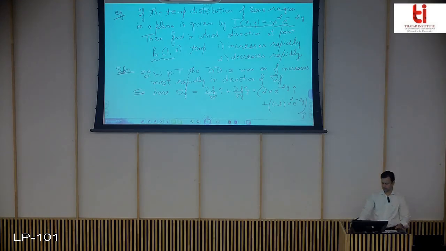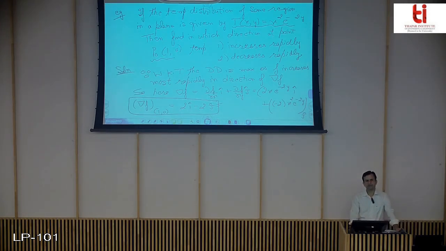This is the gradient of function f(x, y). And now if I look at the gradient at point (1, 0), this becomes 2i minus 2j. So this is the value of the gradient vector at the given point.